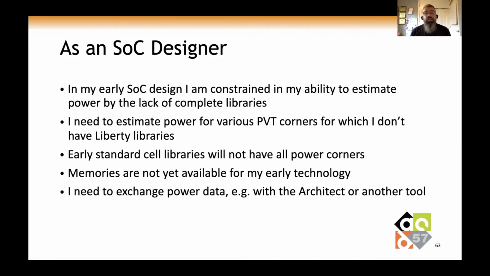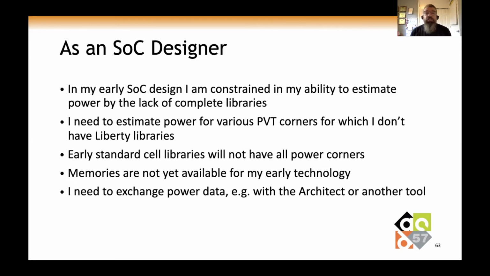As an SoC designer, I'm constrained in my ability to estimate early SoC power by the lack of complete libraries. I need to estimate power for various PVT corners for which I don't have libraries yet. Additionally, while I may have some libraries for some of the IPs, for others, I may not even have any libraries yet.